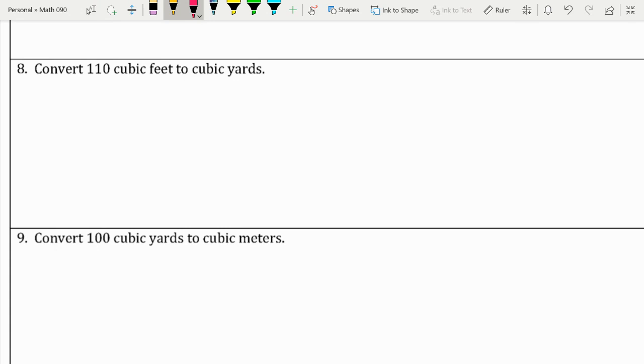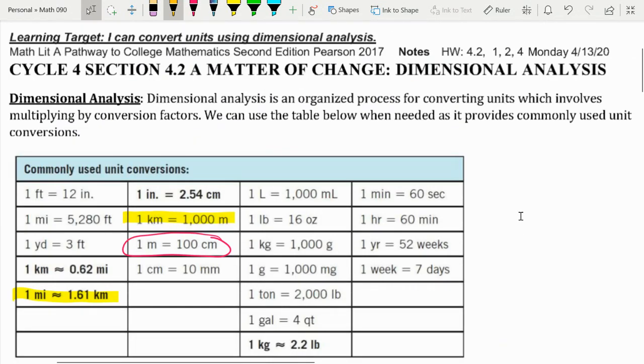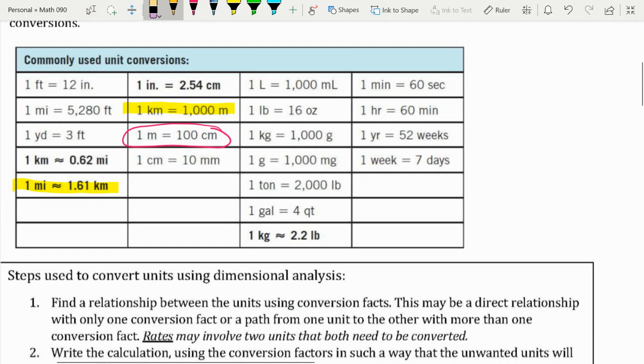All right. We need to convert 110 cubic feet into cubic yards. So to the third power. Now, if you look up here, let me erase my mess.